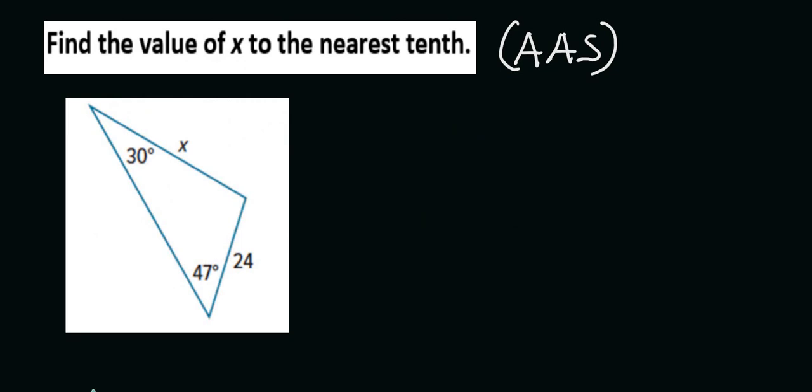All right, so we have another question, and still we are to find the value of x. As usual, just label it A, B, and C. Okay, so uppercase letter A is this, and this is a lowercase a, and the uppercase letter B is this, and the lowercase b is this.